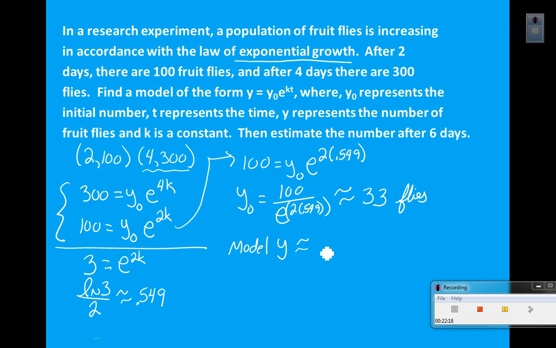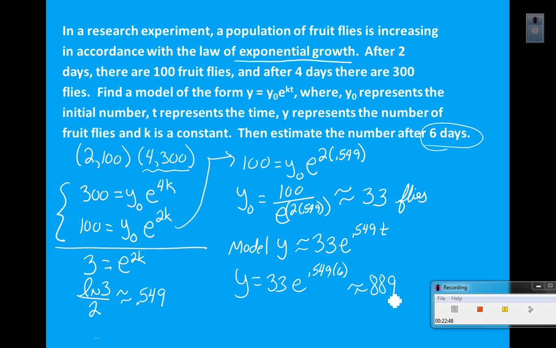So my model is y is about 33 e to the 0.549 times t. That's my model. Where did I just get that 889 from? I was finishing this out. Then estimate the number after 6 days. That's where I was getting that 800 number. So I got 33 e to the 0.549 times 6. There's where I got my about 889.